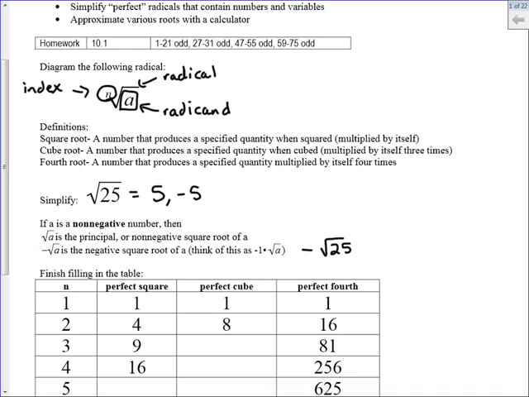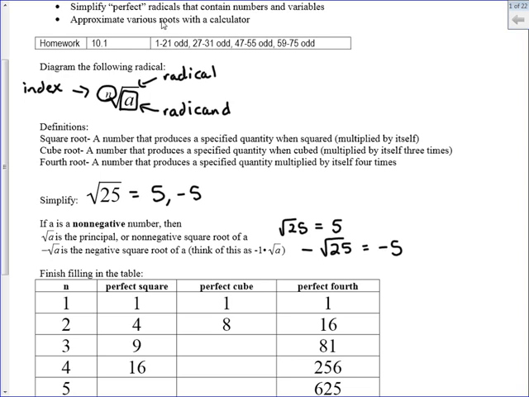You just put a negative sign out front. So it's the difference between asking for the square root of 25, where I'm always looking for the principal root, versus negative square root of 25. That's how I get the negative root. But there are 2 answers, which we're going to need later when we solve some equations using square roots. There's always a principal and a negative root really behind it.